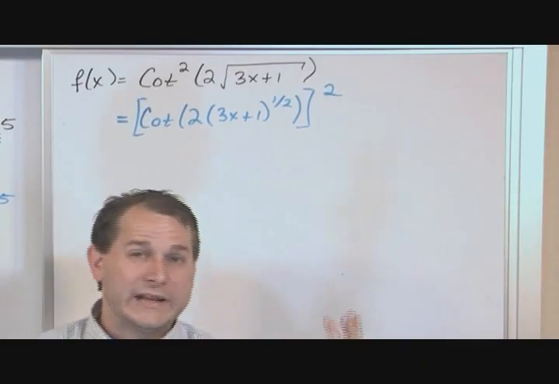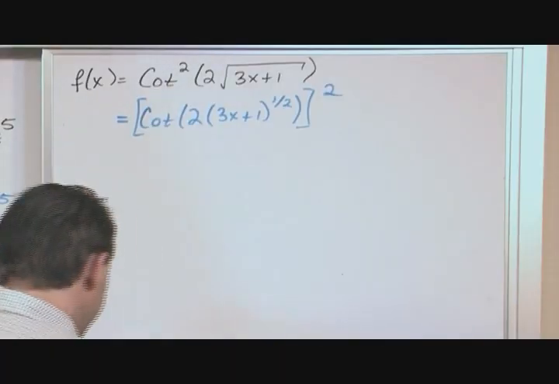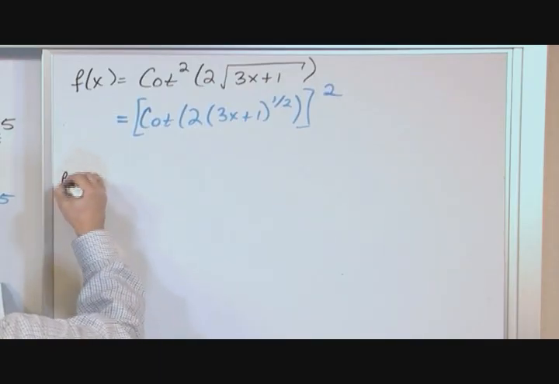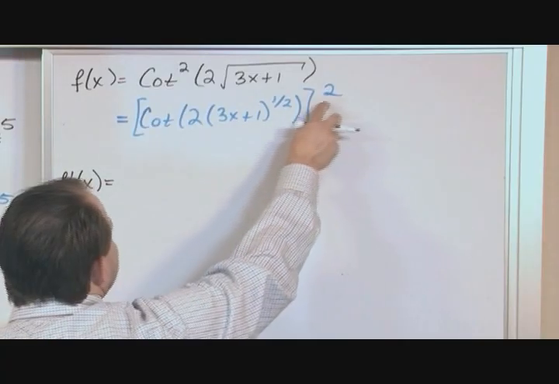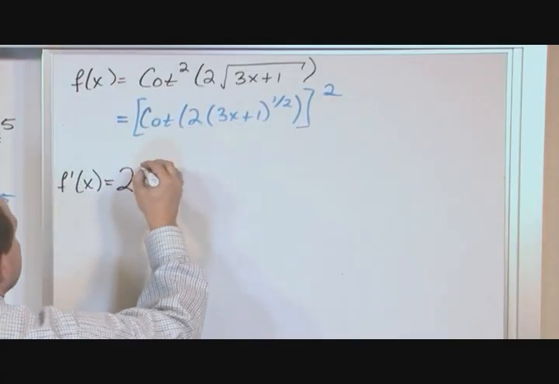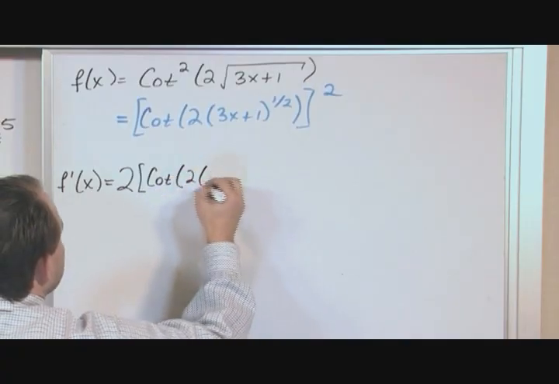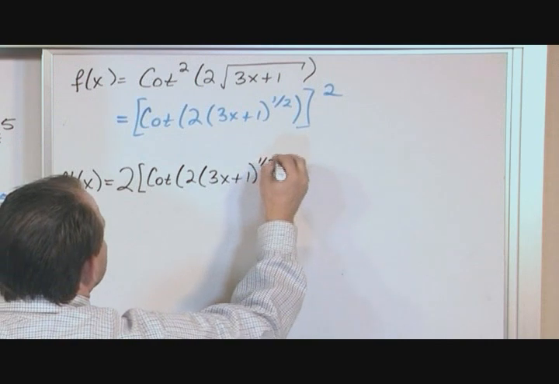So again, we have 3 layers. So we're going to basically keep taking derivatives and multiplying as we go in. It's just a matter of keeping it straight, though. So what we'll have is f prime of x is, first work with the outer guy. The 2 will come down, then you will have cotangent of 2 times 3x plus 1 to the 1/2 power.